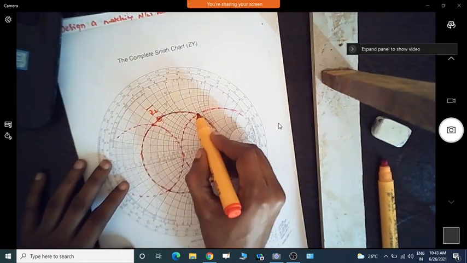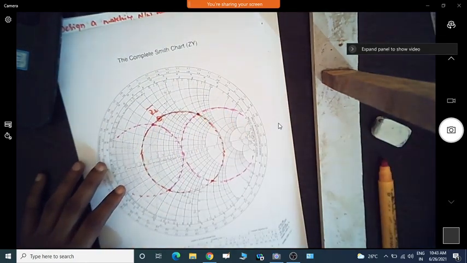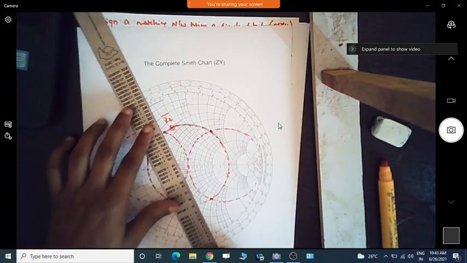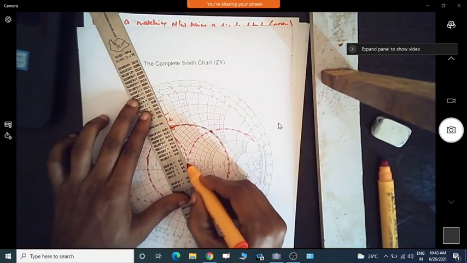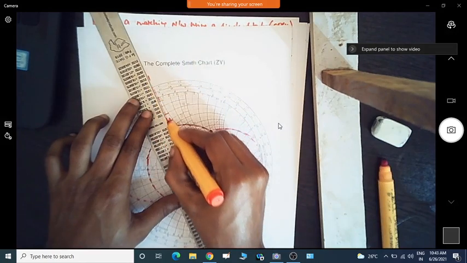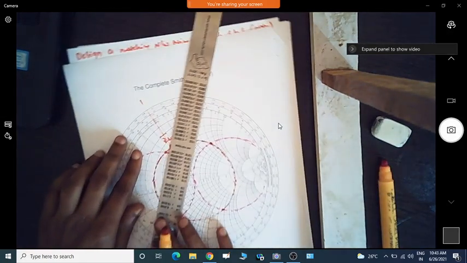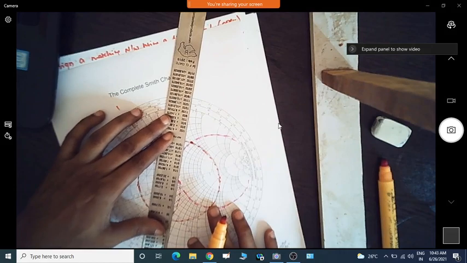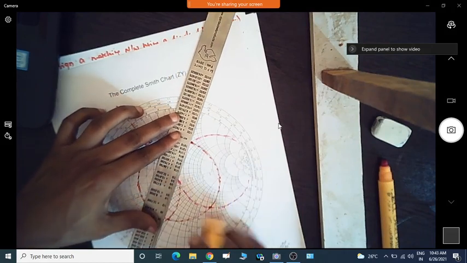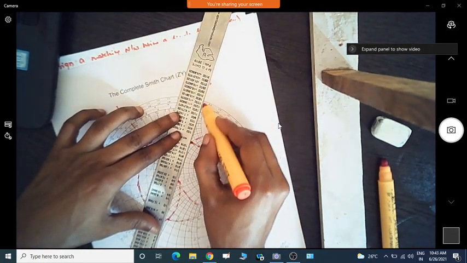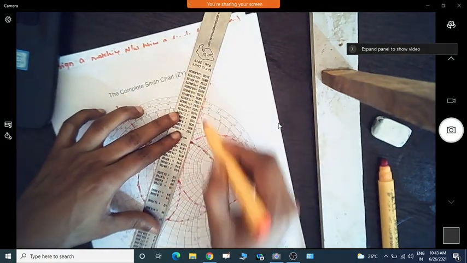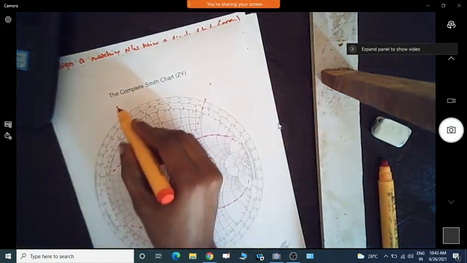If I move from here to here, that is the distance we are moving. We are moving till this point, so we will find out what distance we are moving. This much distance I am moving.